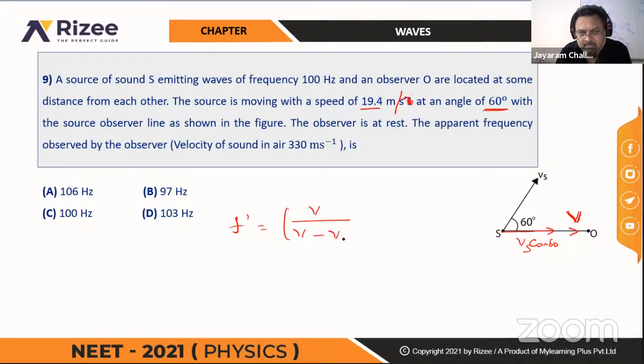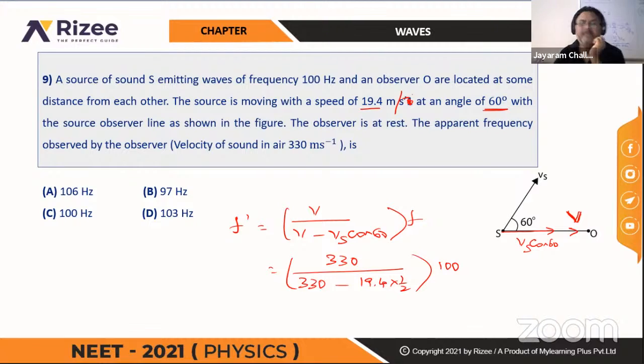It will be V minus Vs cos 60, into your fundamental frequency. Velocity of the sound is 330, so it is 330 by 330 minus 19.4 into cos 60, which is 1 by 2, into given frequency 100 hertz.